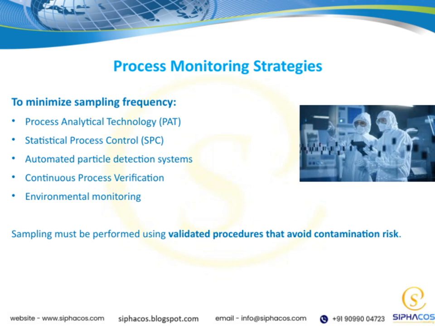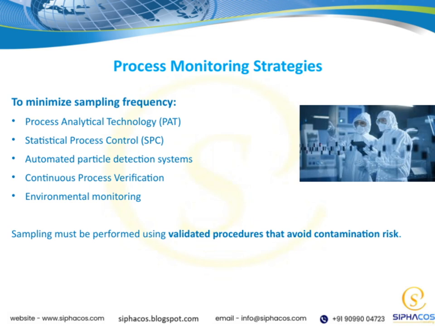Continuous process verification is another important strategy, as it involves ongoing validation of the process to ensure everything stays within control limits. Lastly, environmental monitoring plays a crucial role in maintaining the integrity of the process environment, preventing contamination, and ensuring product quality.